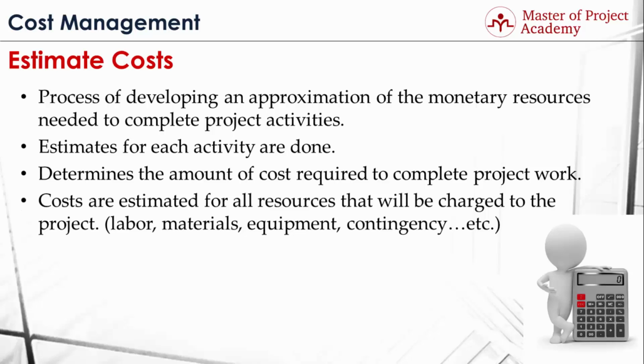Costs are estimated for all resources that will be charged to the project. These costs include labor that will be paid to project resources, materials that will be used when performing that particular project activity, equipment that will be used, and any contingency reserves to accommodate delays or risks in that project activity.